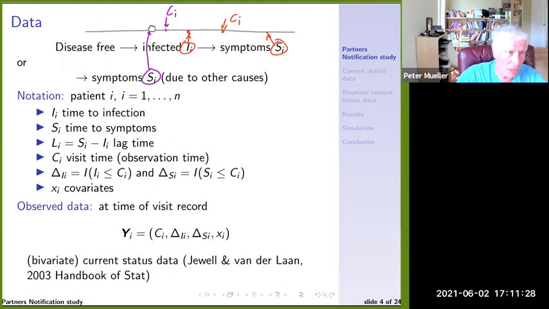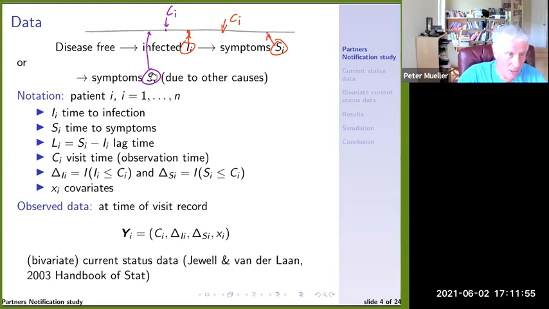A typical red patient, at some time, gets the infection again, the disease recurs. And then the patient might at some random time come in for the clinic visit. For that red patient, at the clinic visit, we would have a left-censored observation on infection and a right-censored observation on symptoms, because that patient comes in before the symptom shows up.